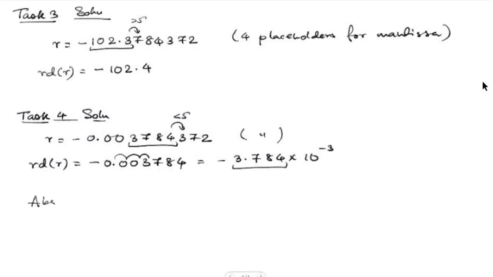So the absolute true error, which is also written as this one here, is the rounded value of r minus the true value r.